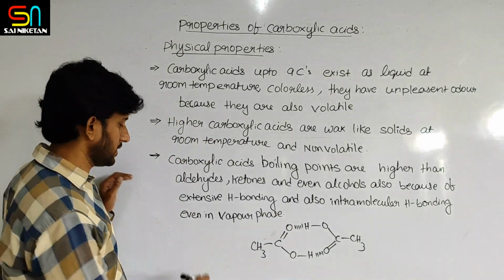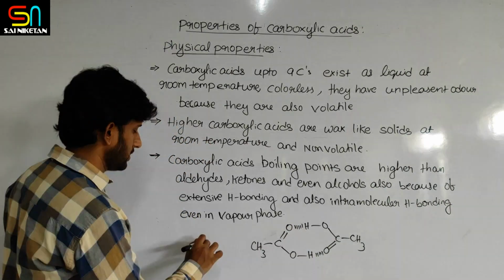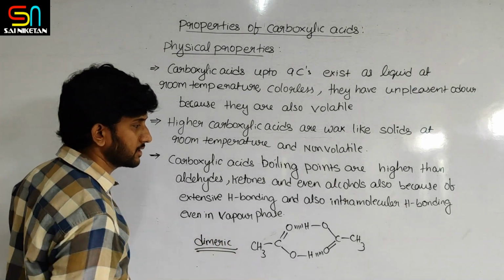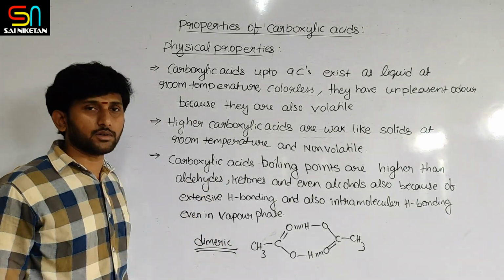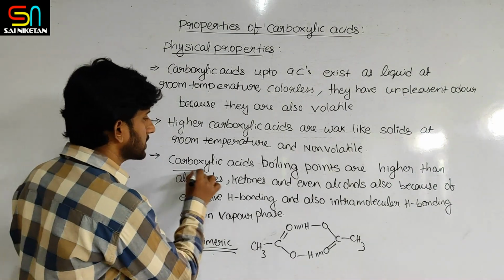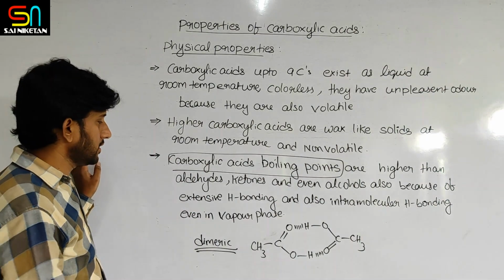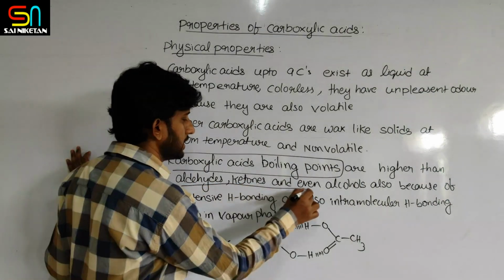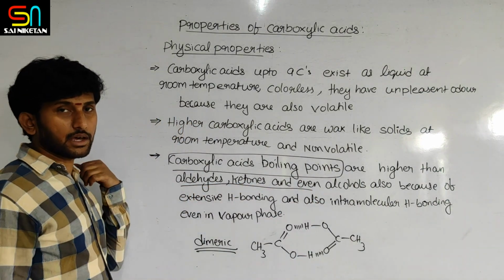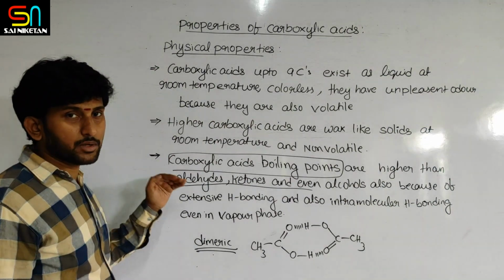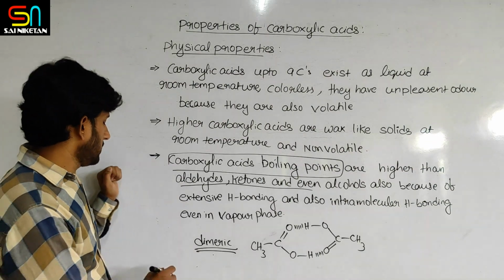So it exists in a dimeric state even in the vapor phase. So much strong hydrogen bonding. That's why carboxylic acids' boiling points are greater than the respective aldehydes, ketones, and even alcohols, of comparable masses.